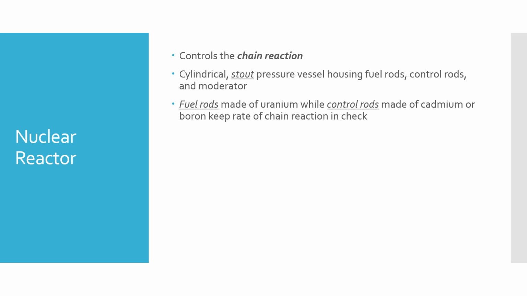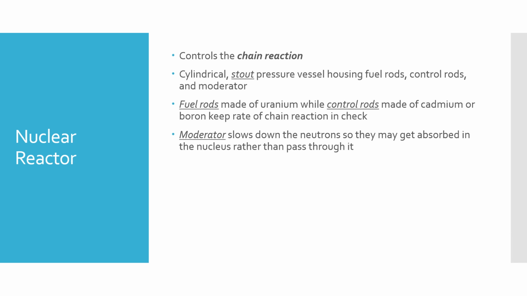These cadmium and boron rods are there to control the number of neutrons which cause further fission. So these control rods are in fact controlling the rate of fission inside the nuclear reactor, and they are very important. Abrupt control of these rods can cause instability of the reactor, and it can cause the reactor to explode. So they are a very important portion of a reactor.